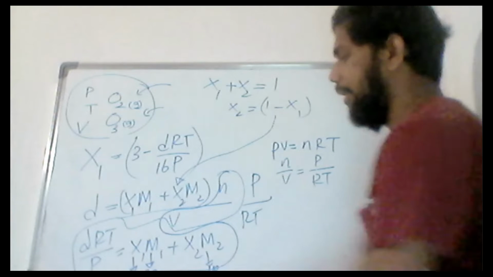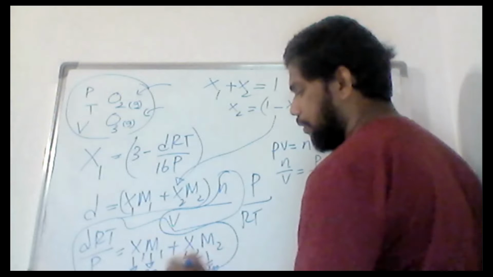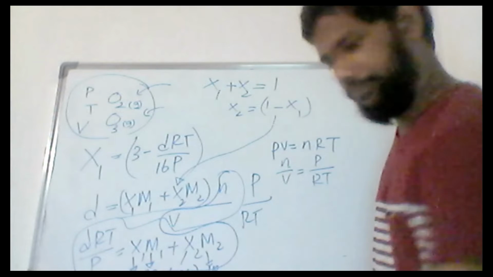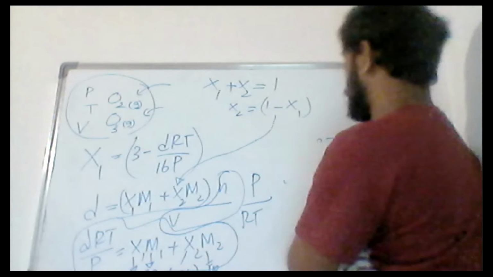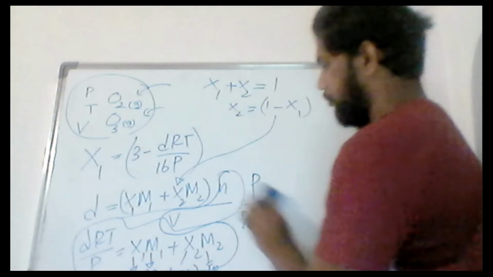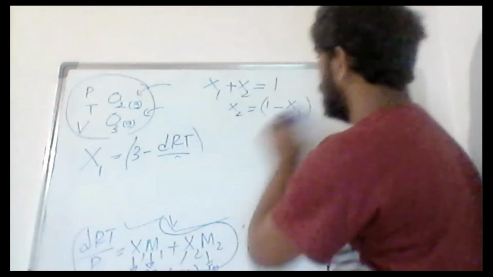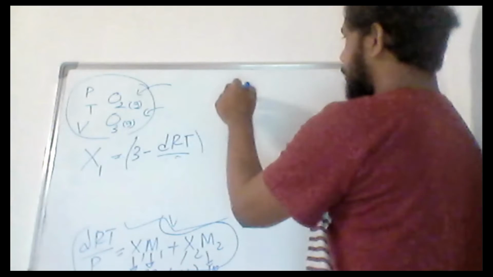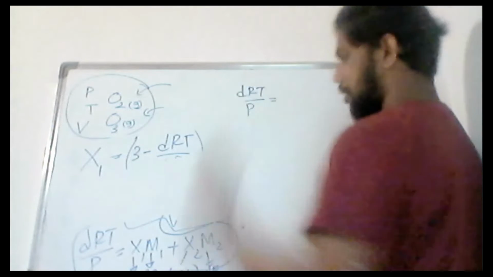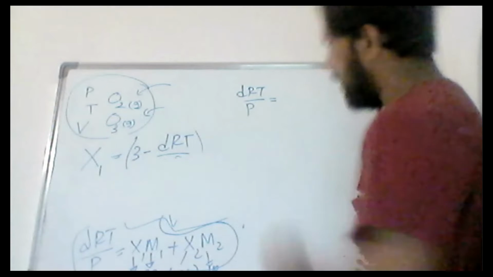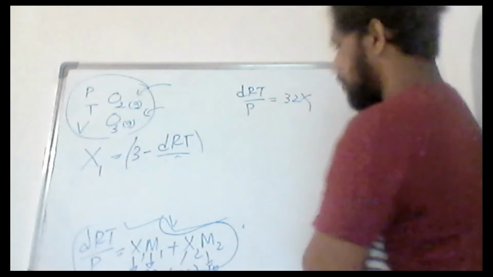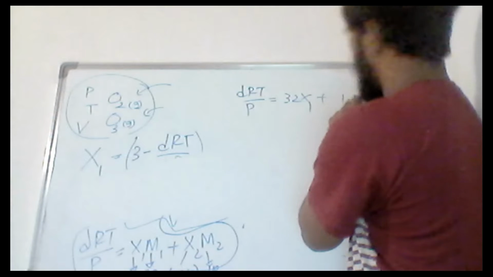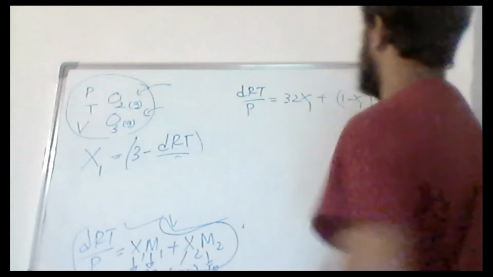And here x2, you can write as 1 minus x1. So I have an equation: dRT over P is equal to 32x1 plus (1 minus x1) times 48.